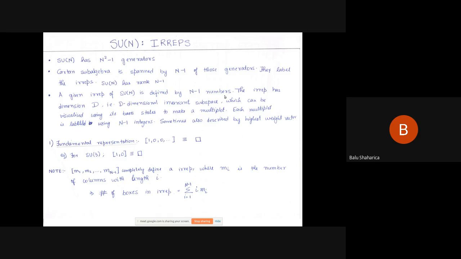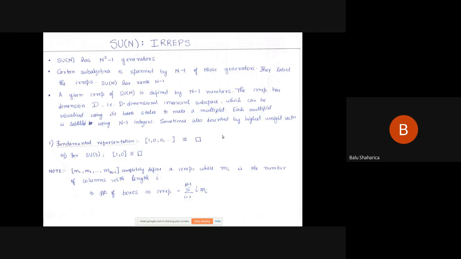For example, J. When we take J, all the values run from minus J to plus J and so on. The irrep has a dimension D, and this D-dimensional vector space is spanned by a basis which is again represented by these N minus 1 numbers.